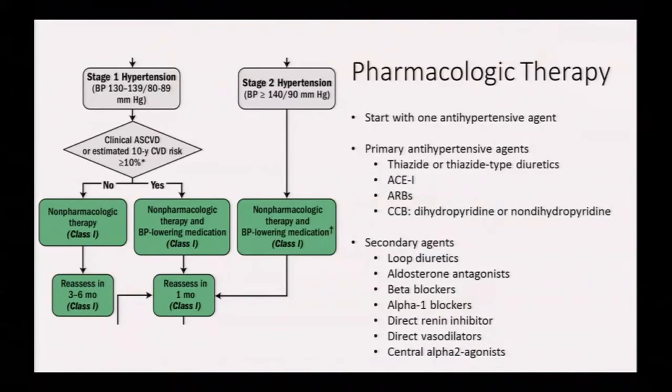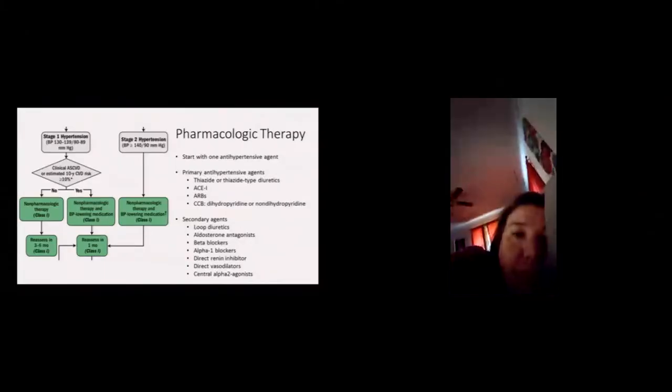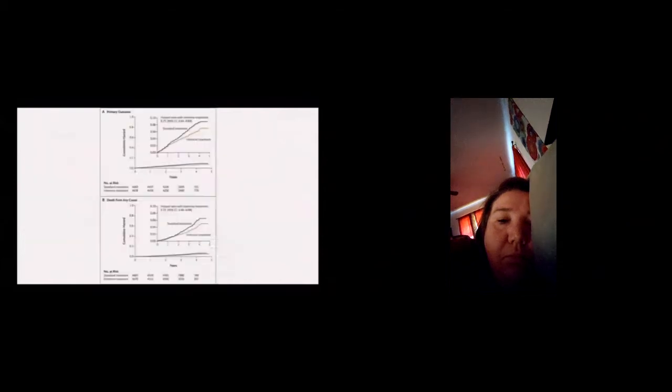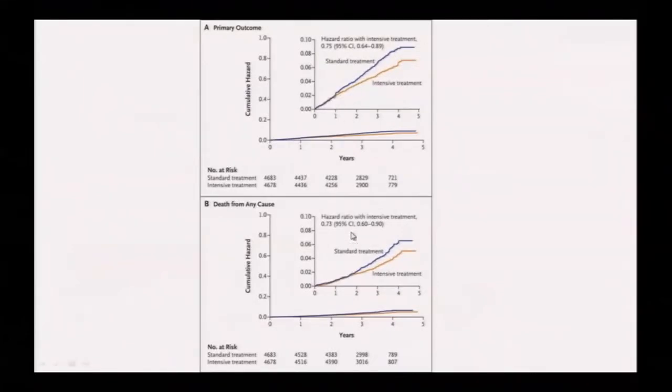And what this could do is essentially reduce or minimize the complications that could happen from hypertension down the road. If we go back to this graph, when we were talking about how long it takes to see a separation in the curve, it could take up to 1 year here for the primary outcome, 2 years here for all-cause mortality. But the point is, if our patients' blood pressure was controlled sooner, in just a few months, we could probably save them from getting to this point.